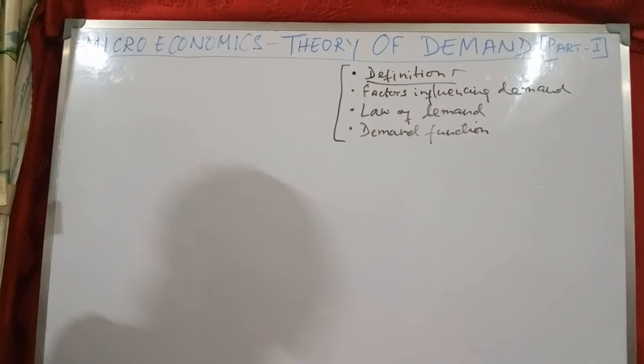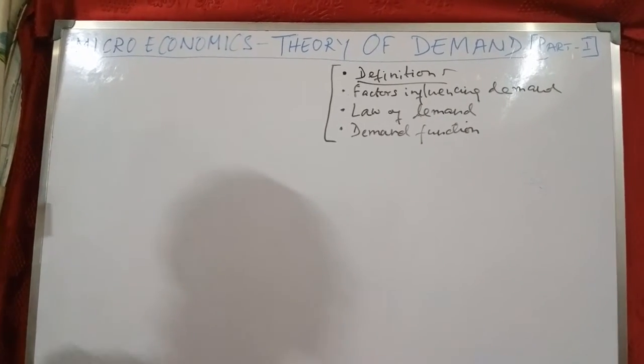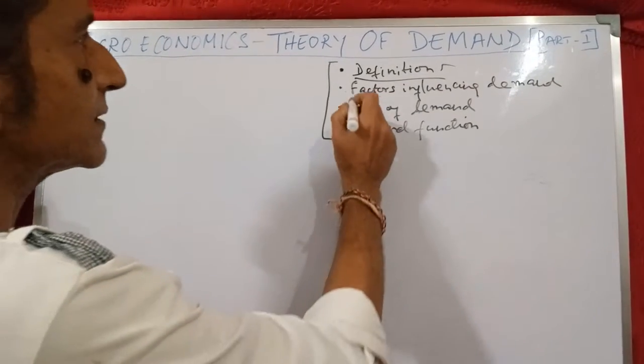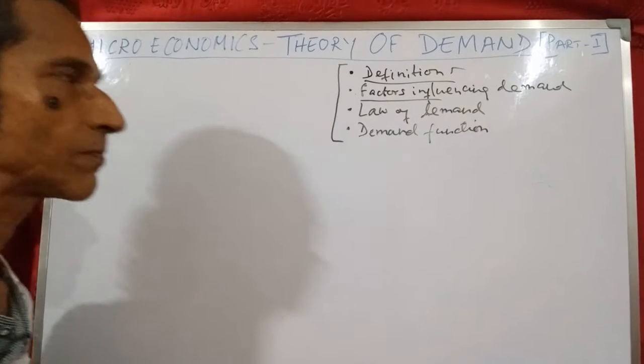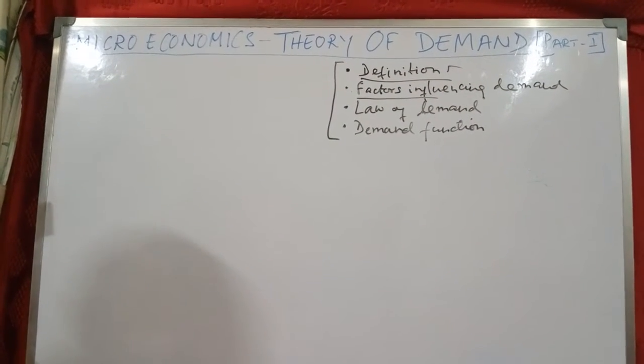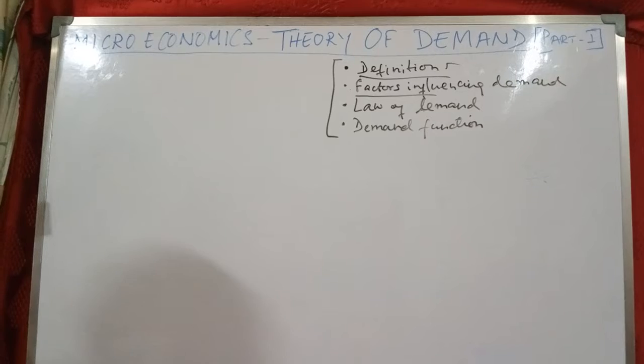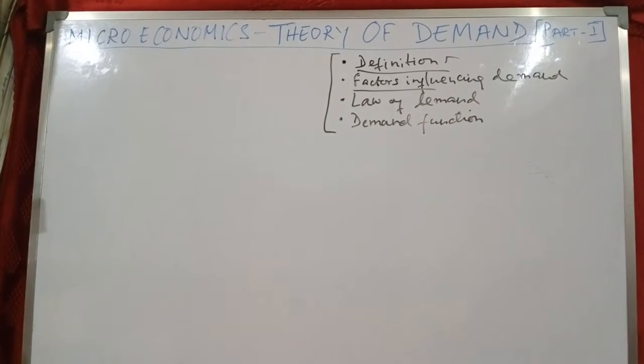Now we come to factors influencing demand. What are the factors that influence demand? There are a number of factors that influence demand, that is the quantity which a consumer is demanding.